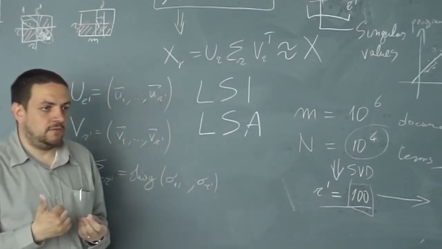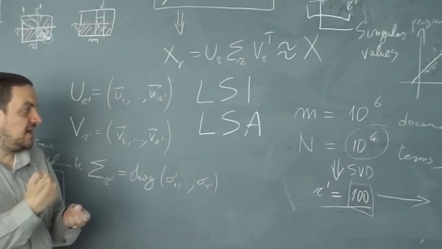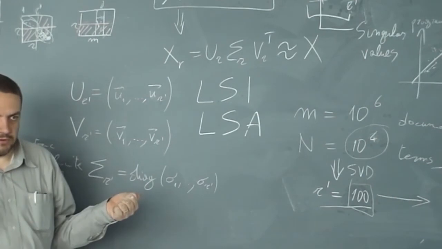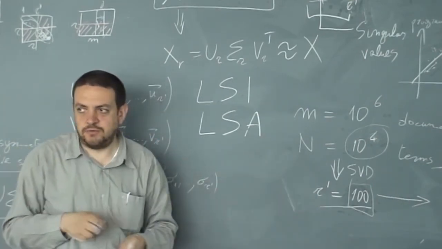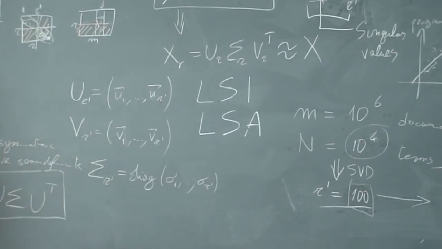Usually the important concepts in the document are fewer than the possible number of words. So this is why this reduction usually works. The number of features becomes the number of topics, exactly, of linearly independent topics. They're really important topics of the document.